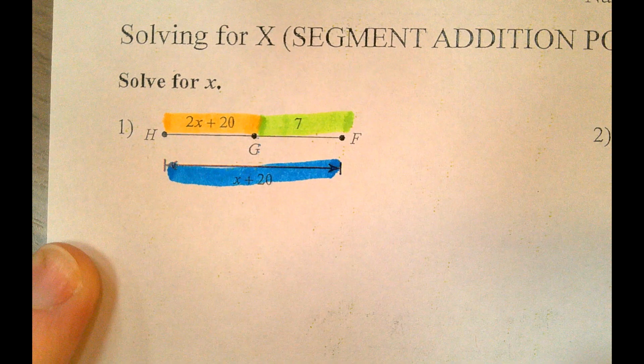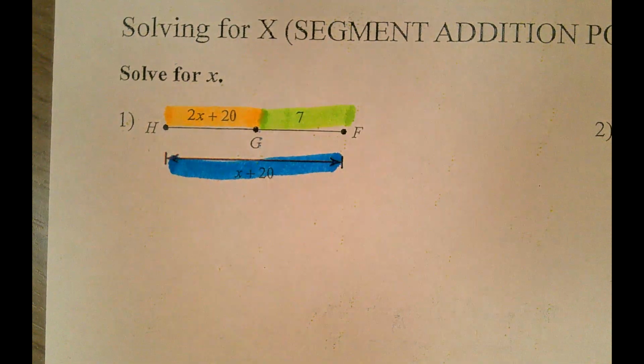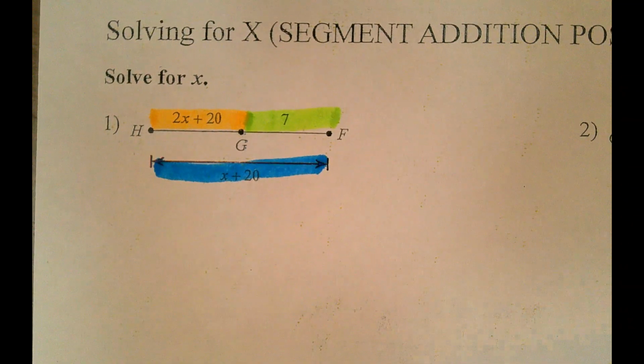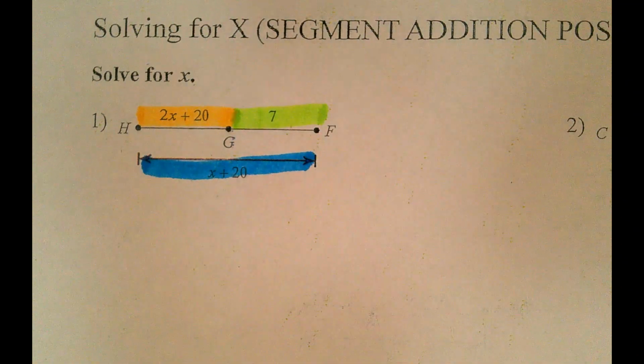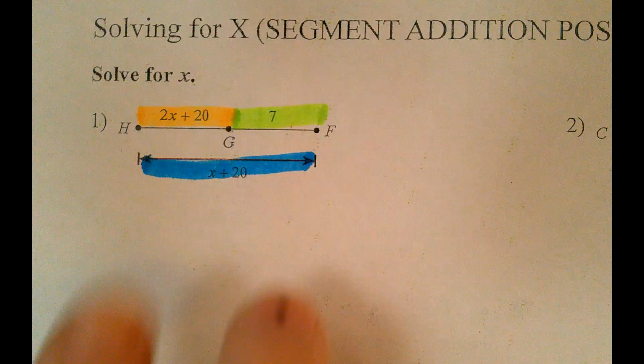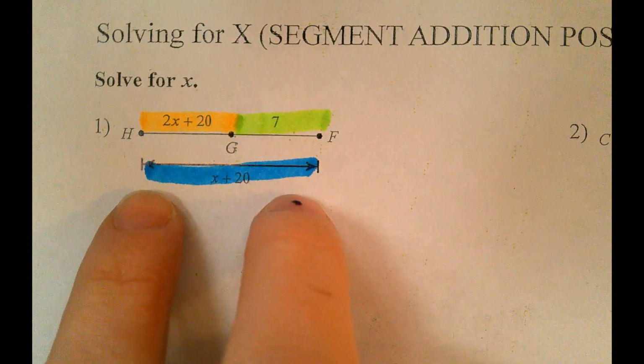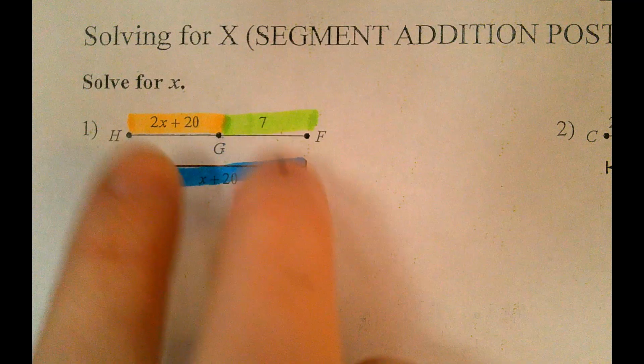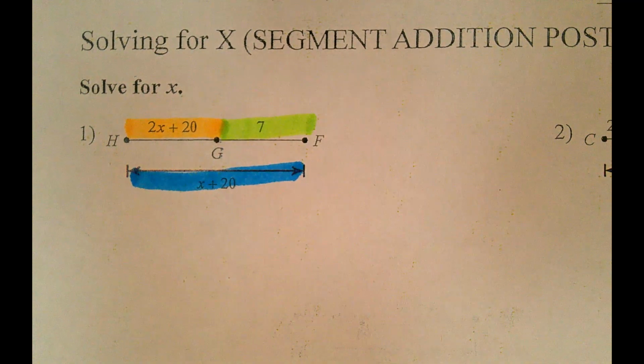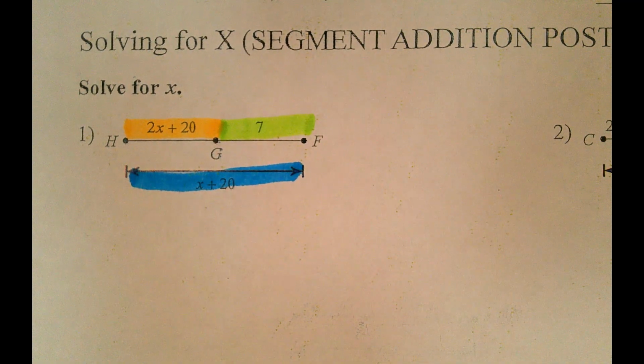X plus 20. That's okay. I am labeling this to help me figure out what goes together. The two smaller pieces get added together. They're equal to the big piece. Two small, equal big. So I'm going to write an equation here.